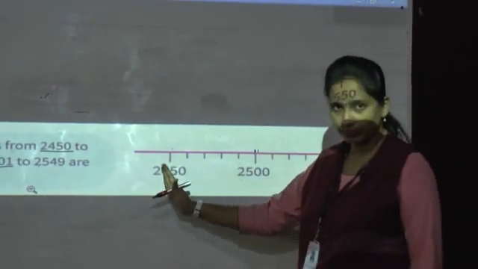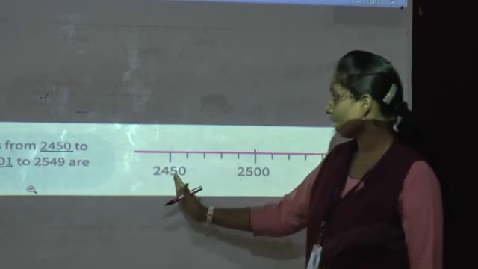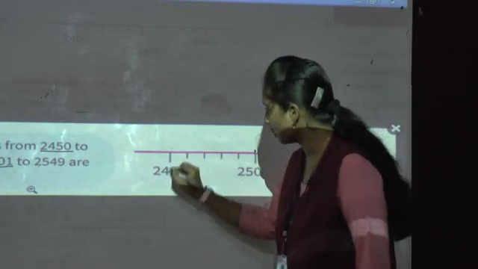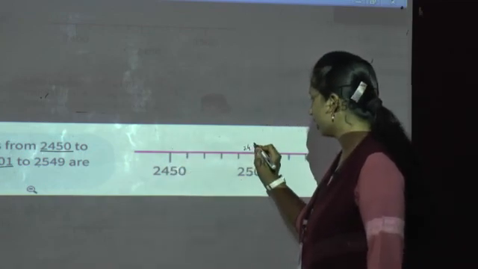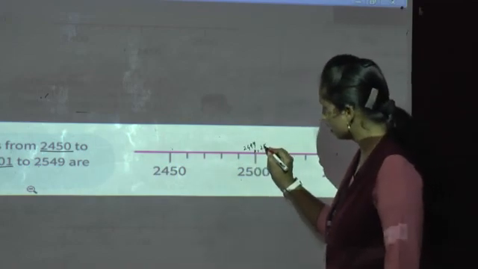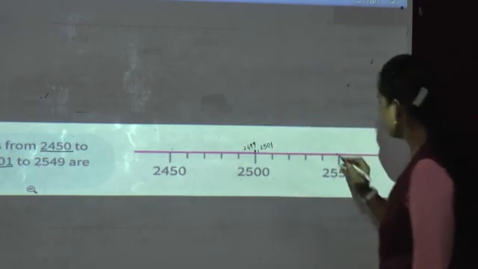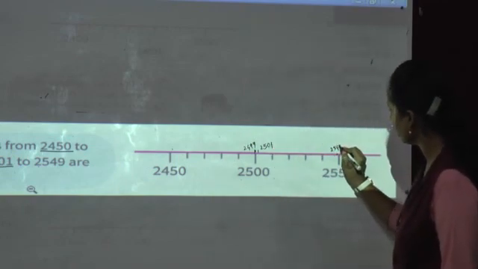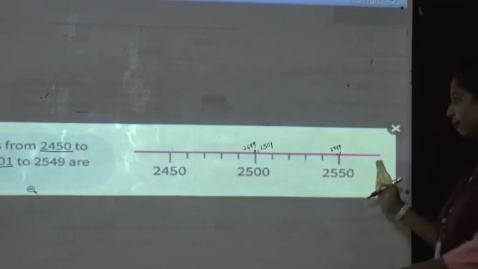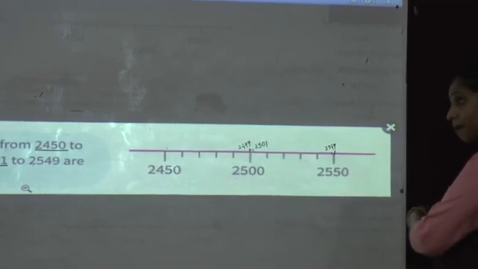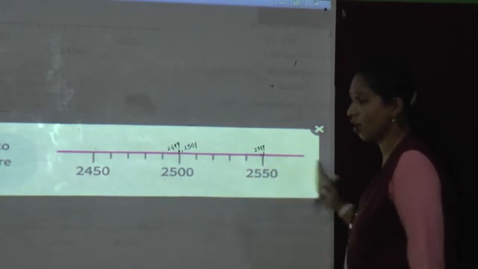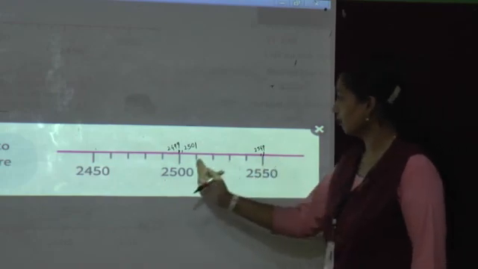Before that, till where can we take? 2450 to 2499 here, see, it starts at 2450 and completes at 2499, and after that starts here 2501 to 2549, and next 50 will come. After 50, whatever numbers come, they round to the next up number, that goes to 2600. So we will not take the next number. Before that only we will take.